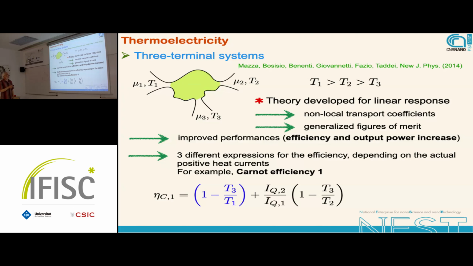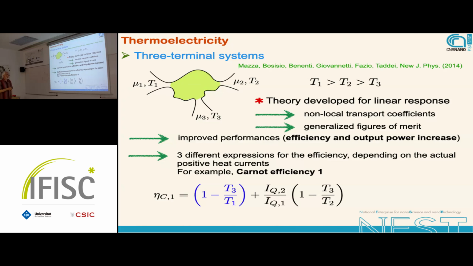If the 3 temperatures here are different, the Carnot efficiency depends on which of the heat currents in 1, 2, and 3 is positive, meaning going into the system, because only the heat current which enters the system contributes to the overall heat current which can produce work.